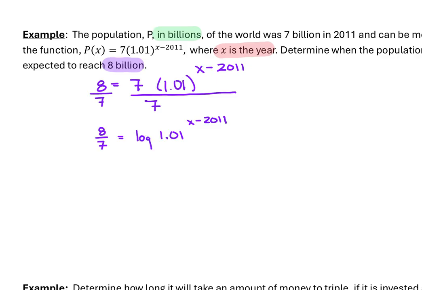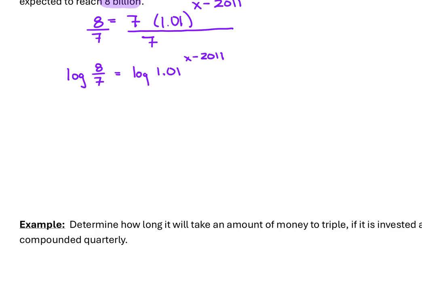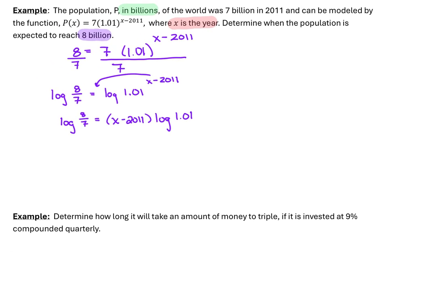We can take the log of both sides. We get log of 8/7. We can move our exponent down to the front. We get x minus 2011 times log of 1.01. And again, from here we can do a couple different things.